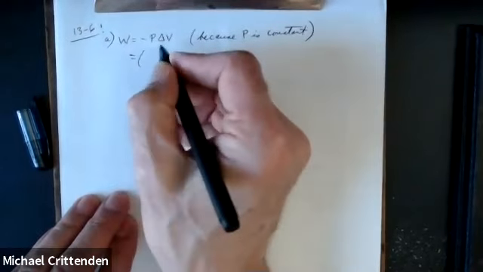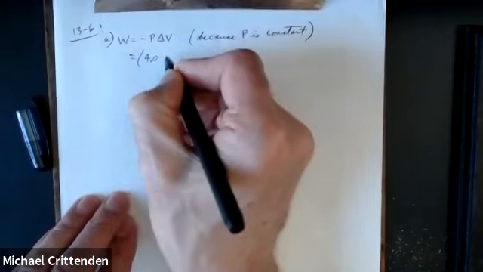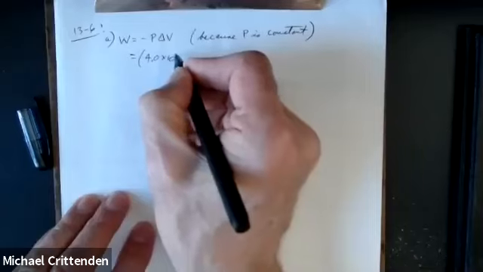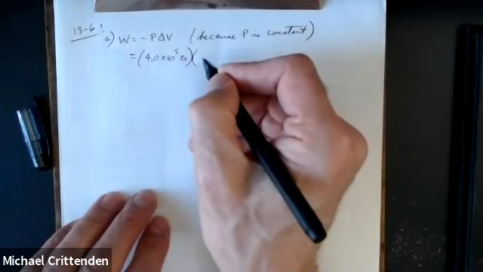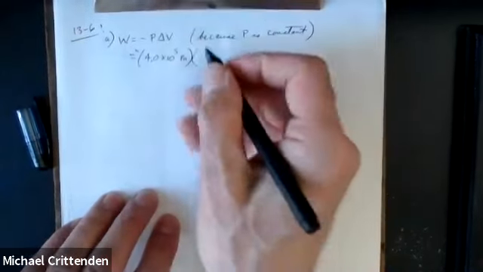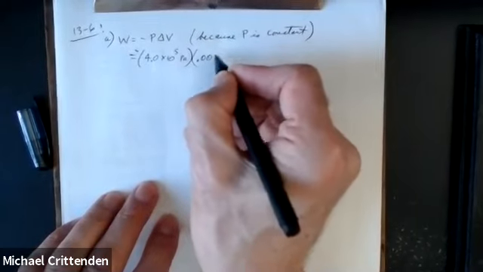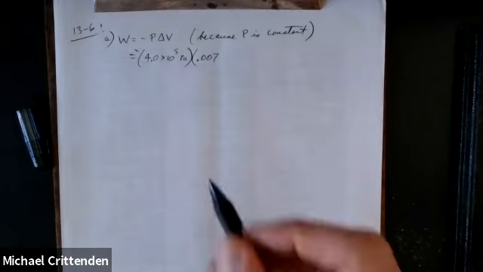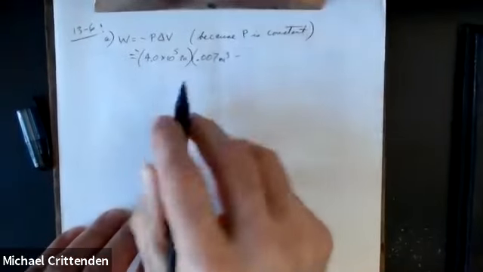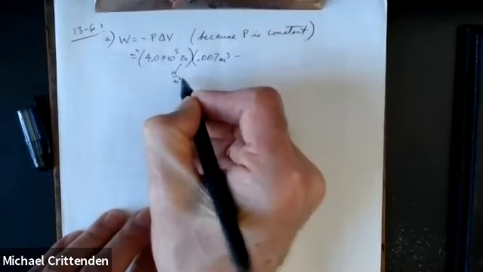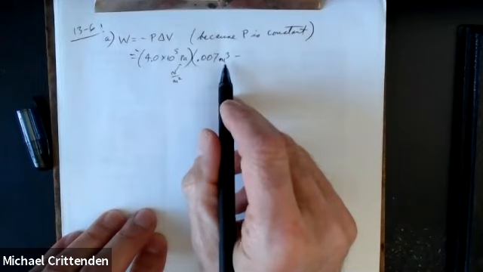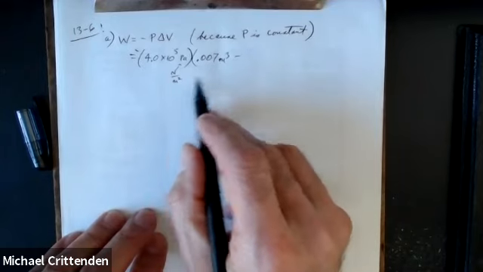Pressure is 4.0 times 10 to the 5th pascals. Change in volume. Oh, almost forgot the minus sign. Now, a liter is not the standard SI unit for measuring volume, okay? A pascal, once again, means a Newton per square meter. So therefore, volume has to be in cubic meters, because you see how that'll work.